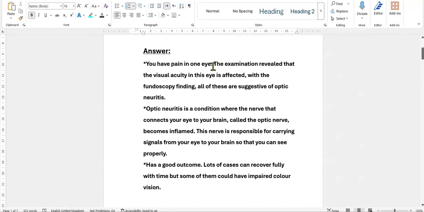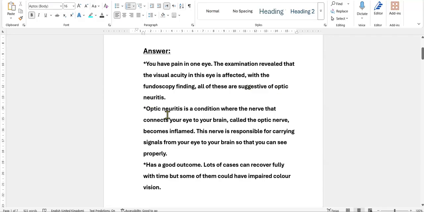You have pain in one eye. The examination revealed that the visual acuity in this eye is affected with the fundoscopy finding. All of these are suggestive of optic neuritis, as we discussed. The examination findings, summarization of the symptoms, and telling her these are suggestive of the condition.